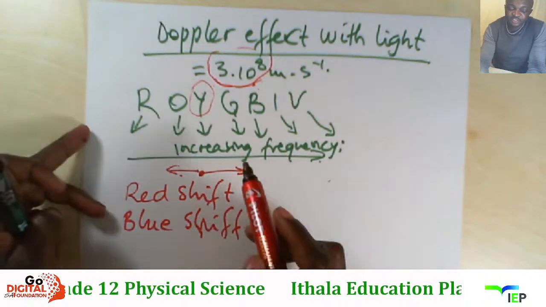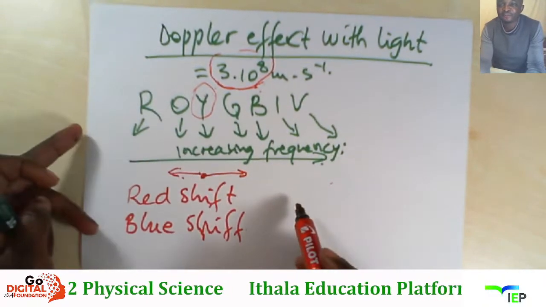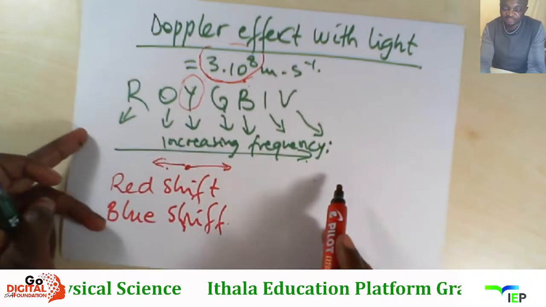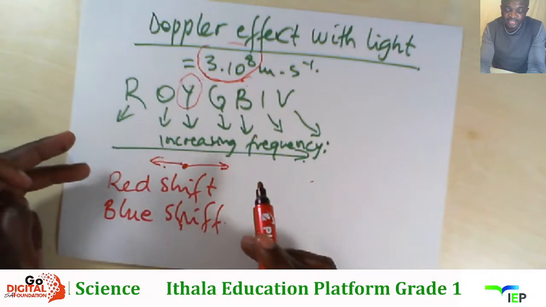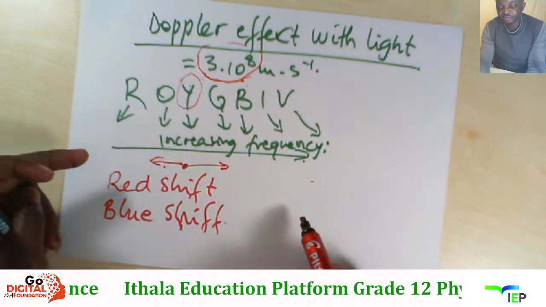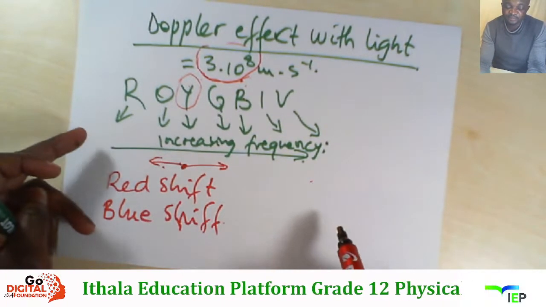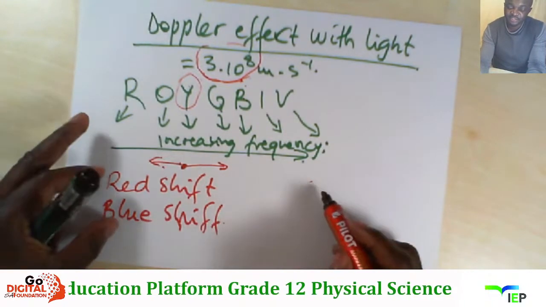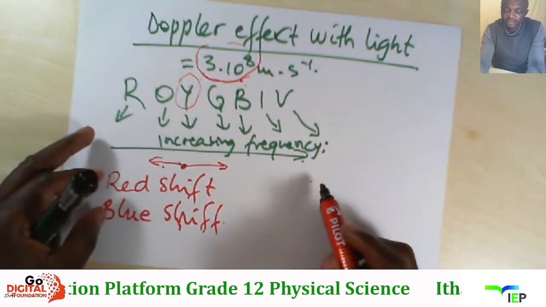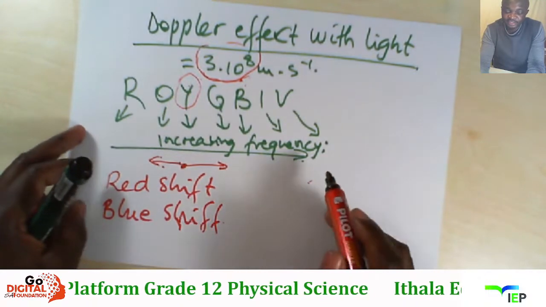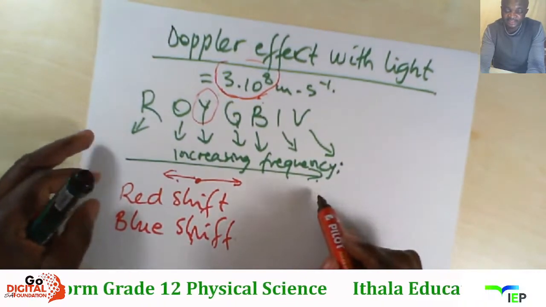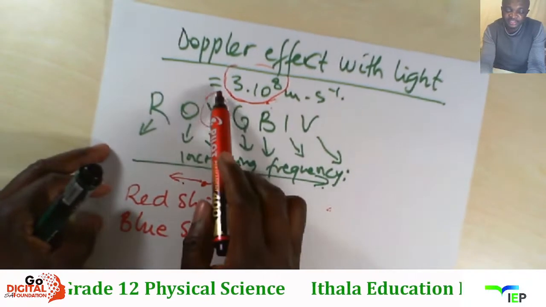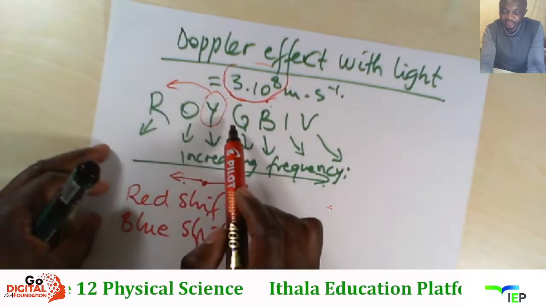A red shift is when we move toward the lower frequencies. That is the red shift. And scientists could say that the universe is expanding simply because of the red shift. When they observe other stars, it gives a red shift.